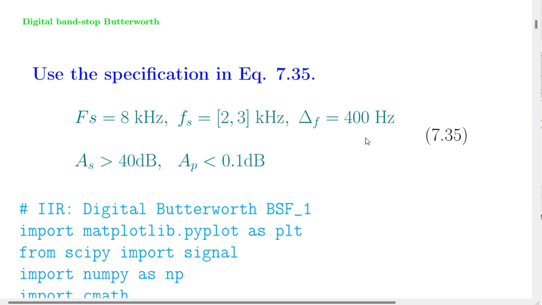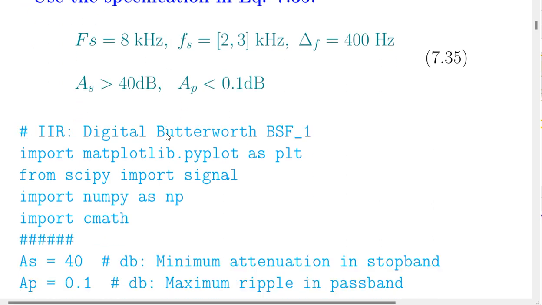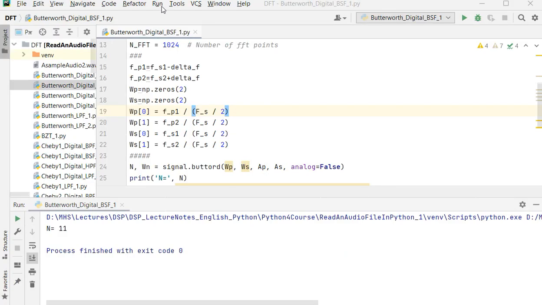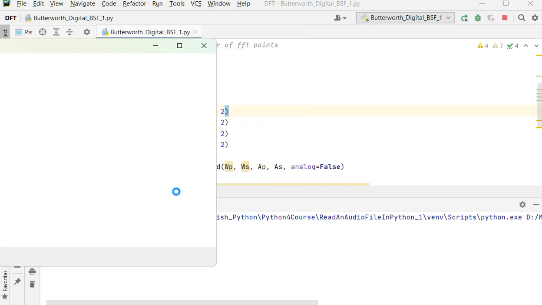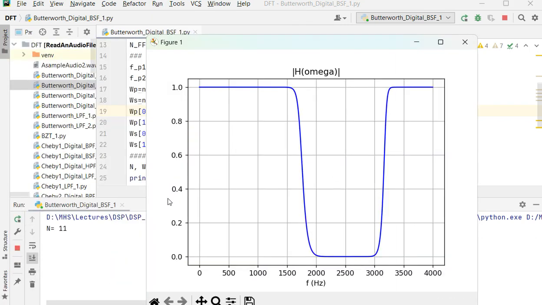Delta F 400 Hz, AS 40, AP 0.1. Now, going to the PyCharm environment in a sec. Okay. The degree 11 and the form stop band. Okay.